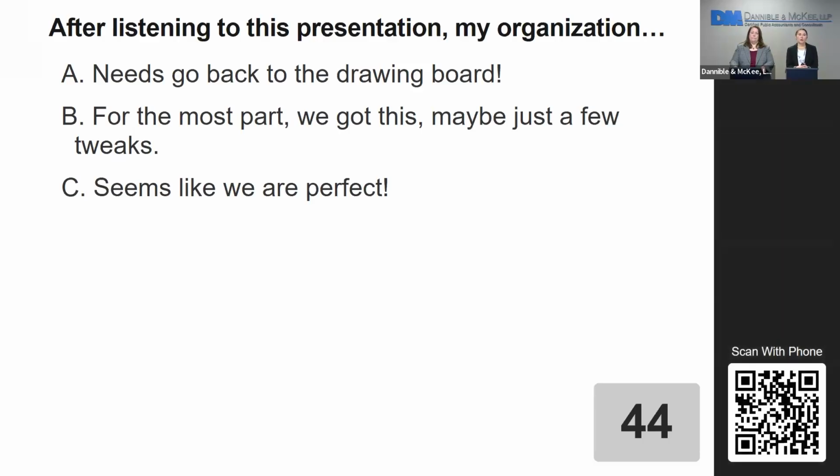So we have our last poll of the day. We do have the QR code on the screen again. You can use that or log in to the DMCPAS link in the chat to answer. We've got about 30 seconds left to answer this poll. So after listening to this presentation, does your organization need to go back to the drawing board, for the most part you've got this but maybe just a few tweaks, or you're actually perfect?